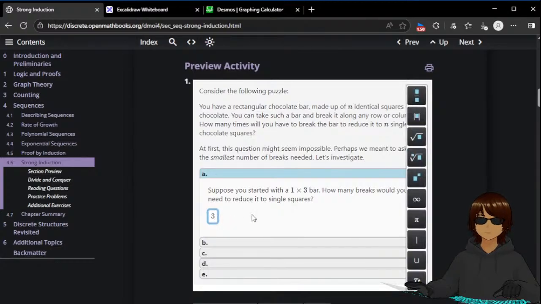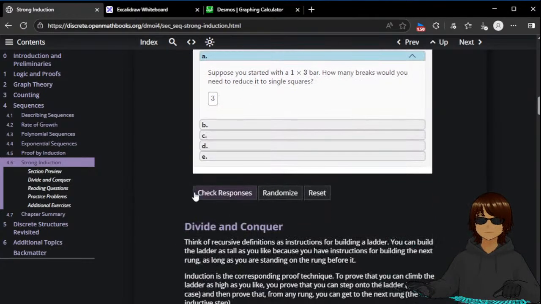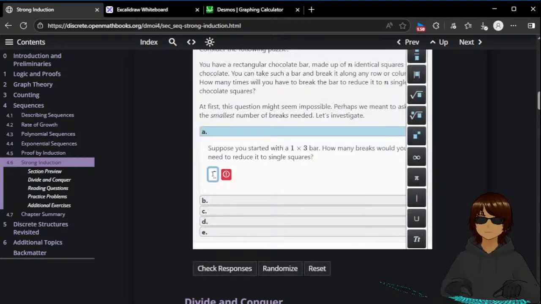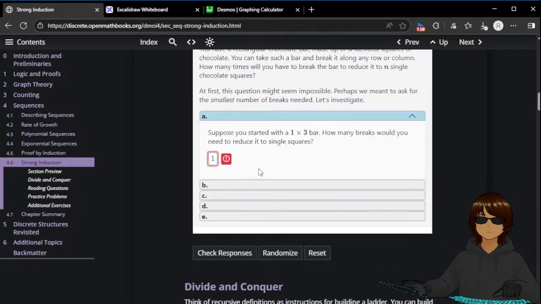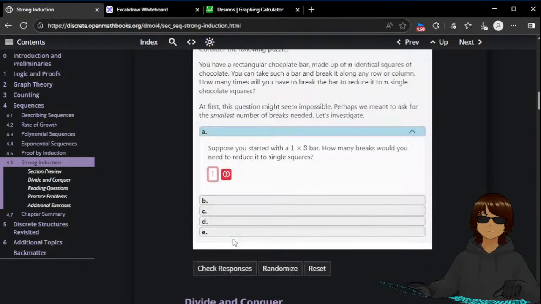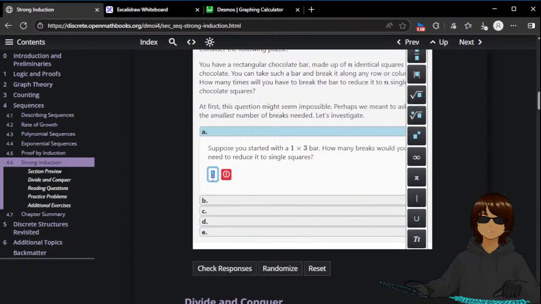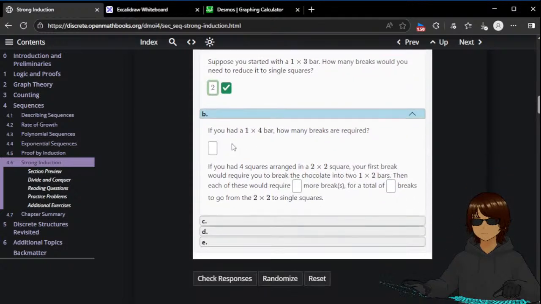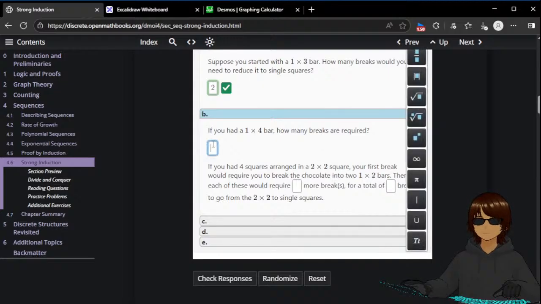3. 1 by 3 bar. You mean 1? You can get a single. Hold on. Oh, I need only 2 breaks, right? To get 3 squares. If you had a 1 by 4 bar, how many breaks are required? 3.